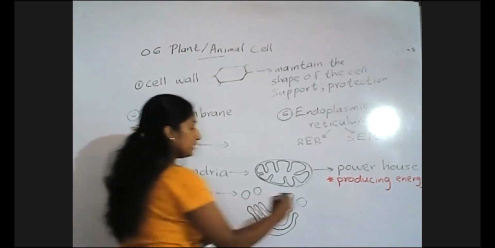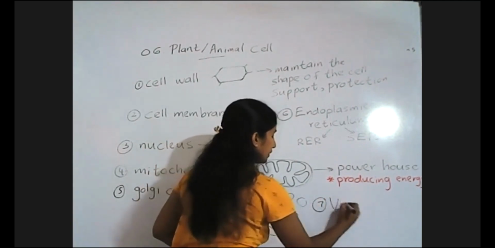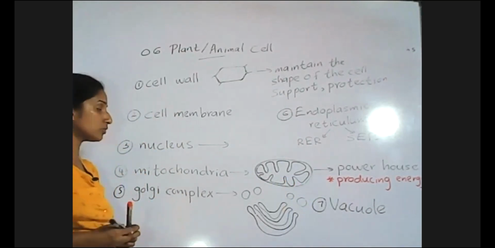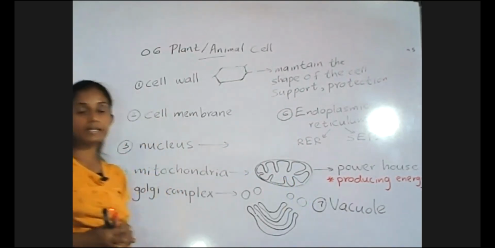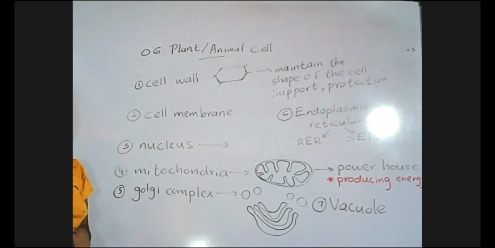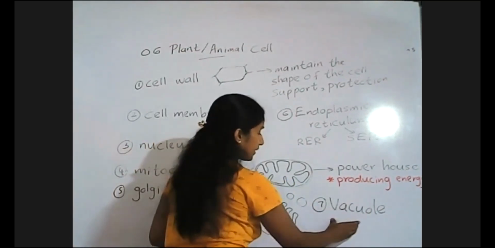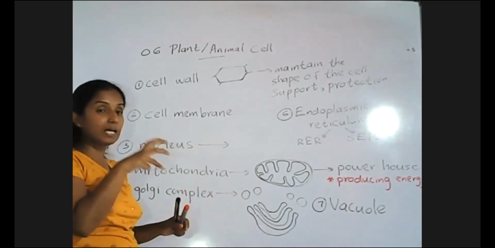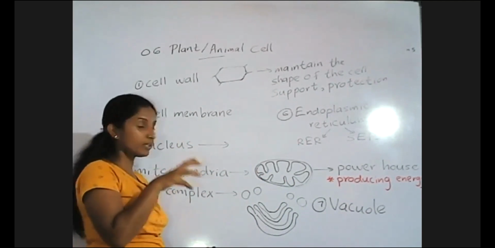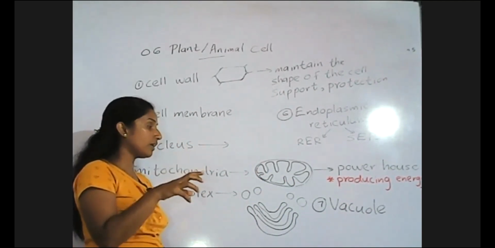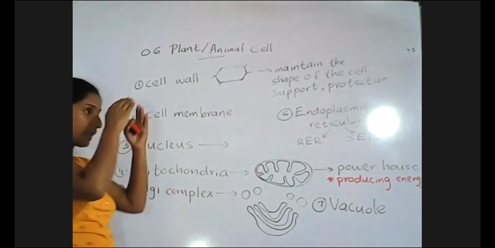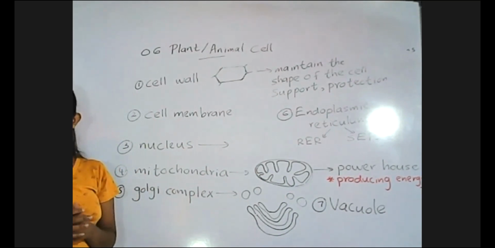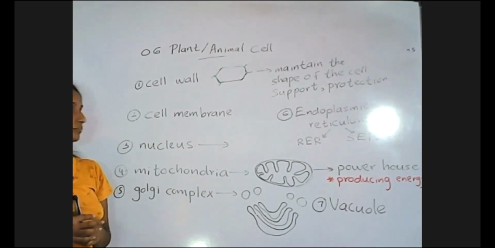And the vacuole, I will write here as the seventh one, right? The vacuole in the plant cells. It is also a cell organelle and it helps to maintain the water balance, right? All the pigments are dissolved in the sap of the vacuole, so it supports the shape of the cell, the vacuole, right?